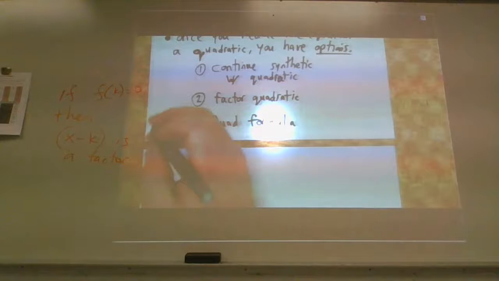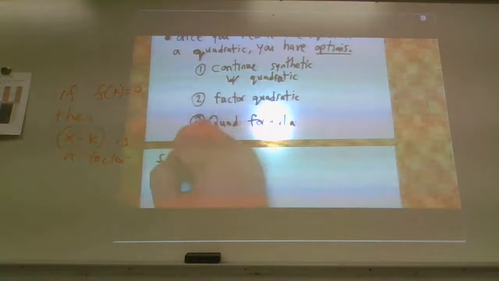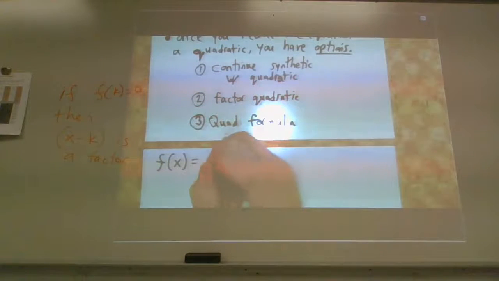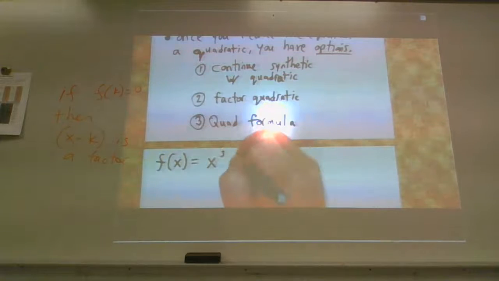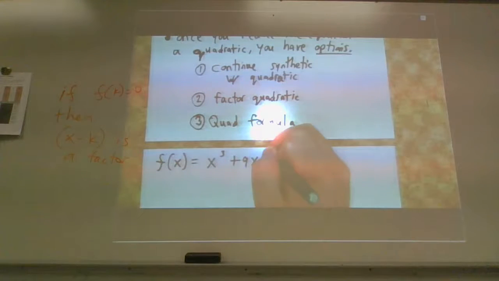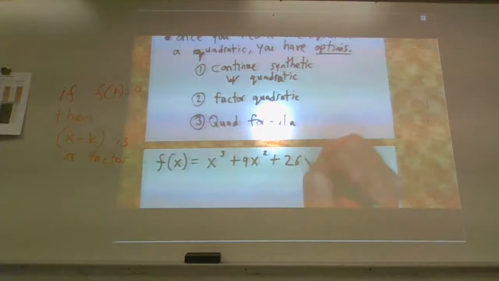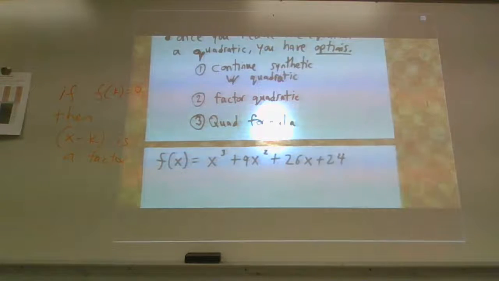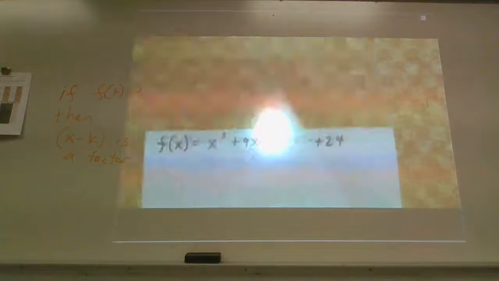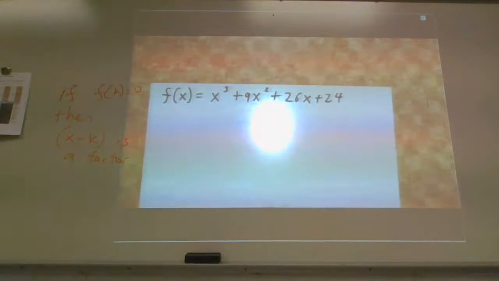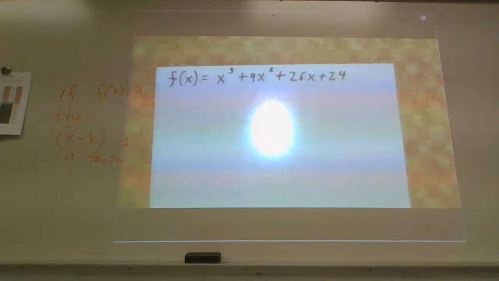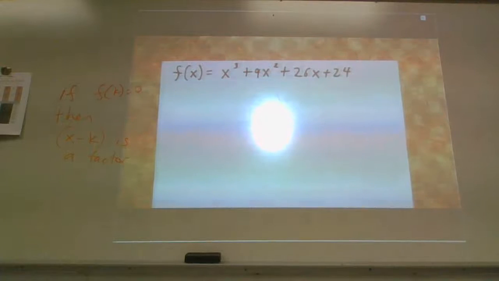I want you to write this down again. This is the third time I'm having you write it down, but I'm doing it for a reason. Write down the same exact equation that we have been working with. I want to pretend for a moment that we're starting this problem afresh, because I'm not done with it.